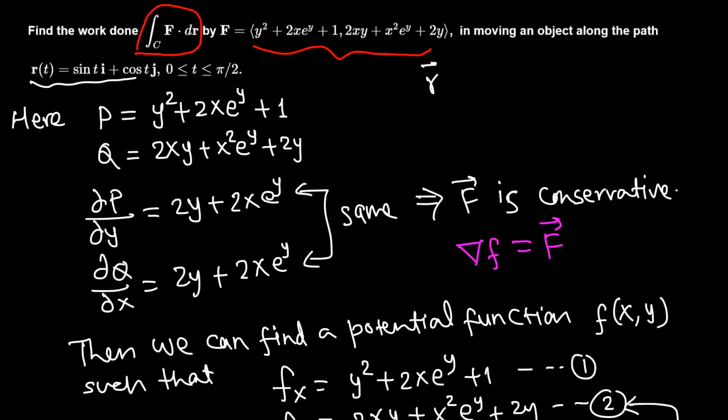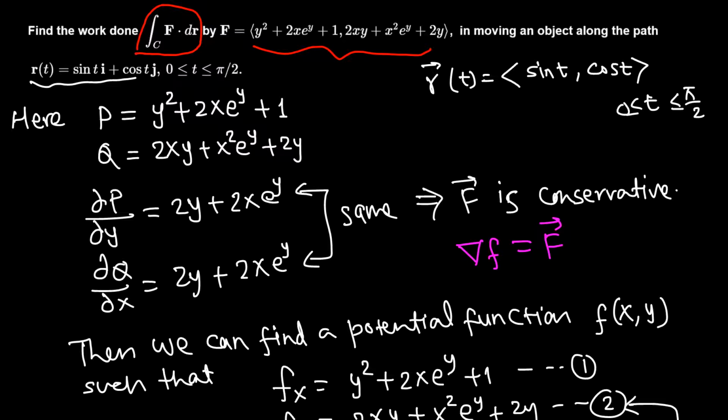This r(t) is in fact sine t, cosine t, where t runs from 0 to pi over 2. From this vector we can find the initial point and the terminal point of the path. The initial point means plug in t equals 0.